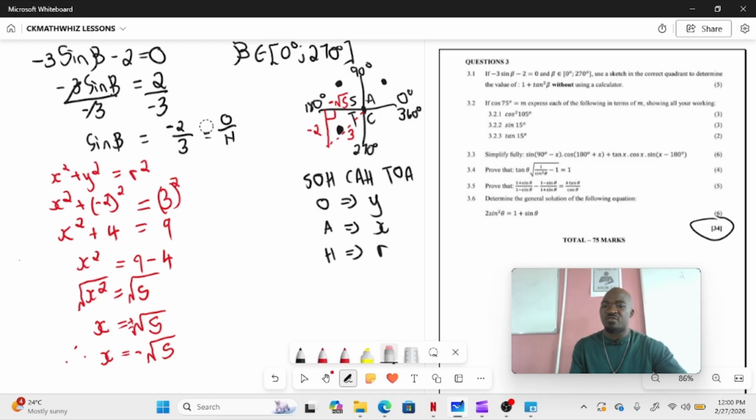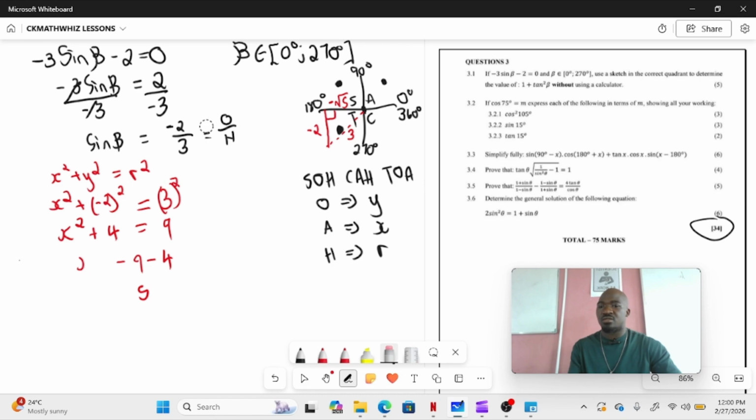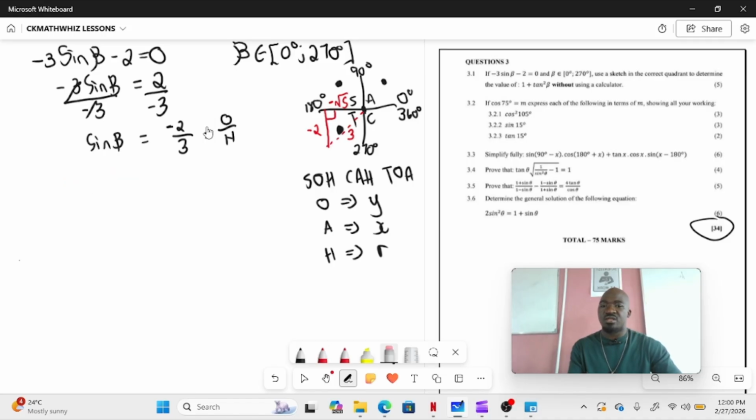Now let me remove these. Okay, fine, now this is what we have. This is the triangle we're supposed to use.